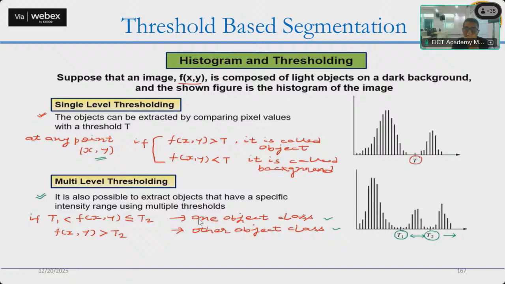Multi-level means more objects. The range between T1 and T2 is one object class. More than T2 is another object class. Less than T1 you may say is the background.